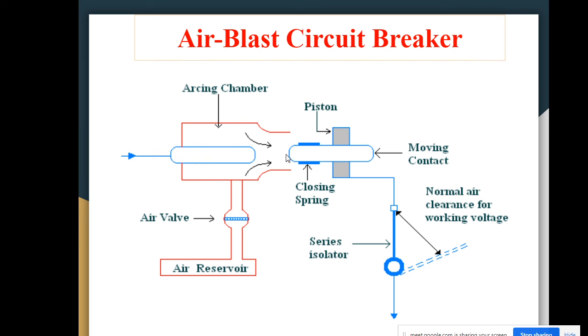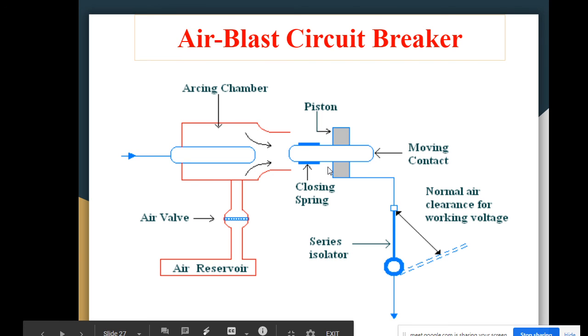So this small gap contains inadequate clearance for the insulation between the contacts of the circuit breaker after the fault clearance. That gap will not maintain the clearance for the system voltage. That is why we connect one isolator switch as a part of the circuit breaker.